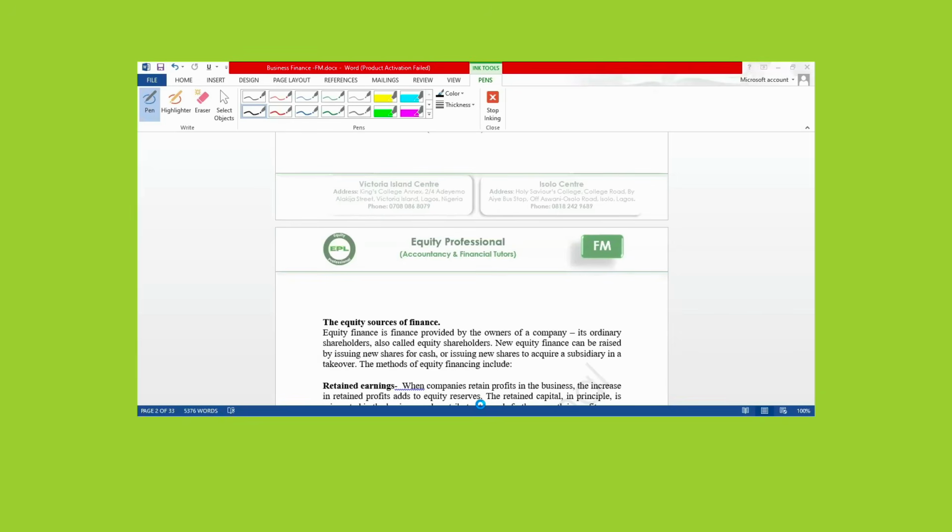The owners of the business are the ordinary shareholders. In other words, money contributed to the business by the ordinary shareholders will be classified as equity finance.